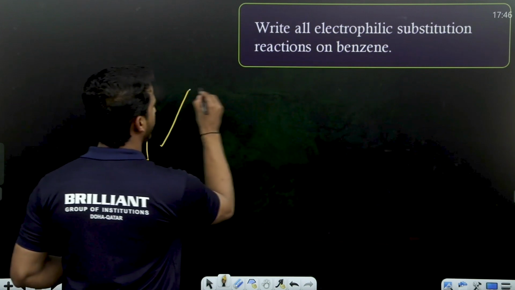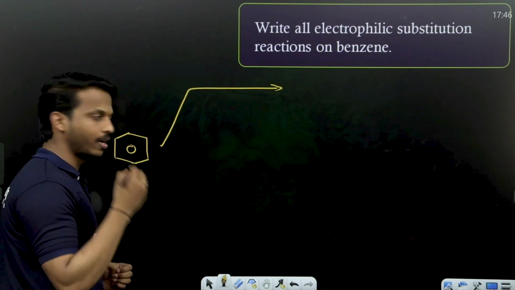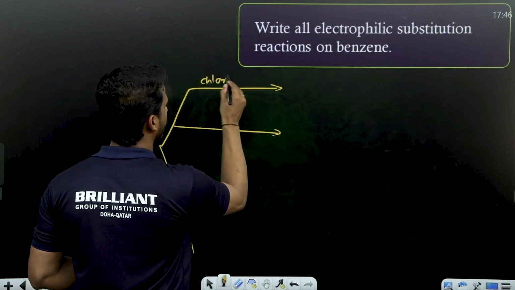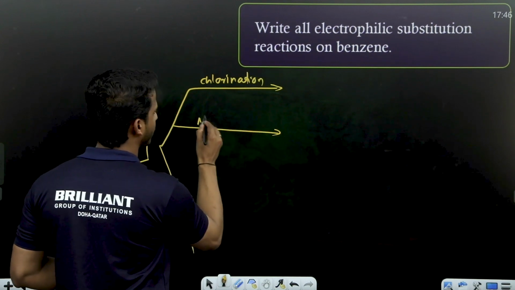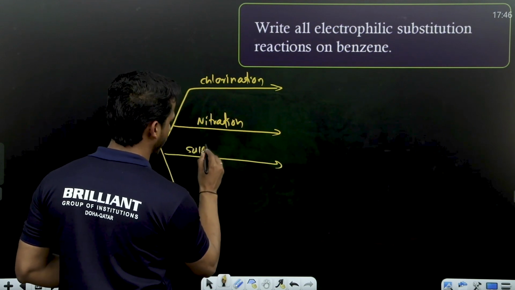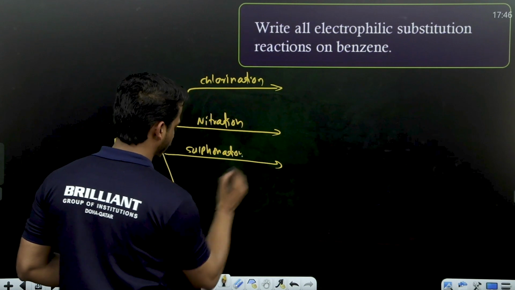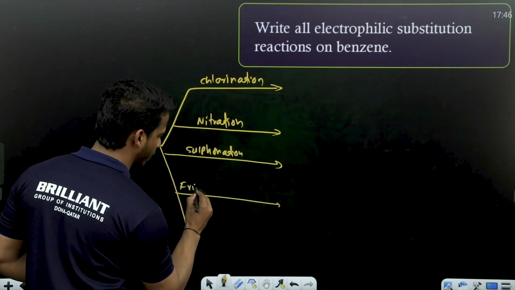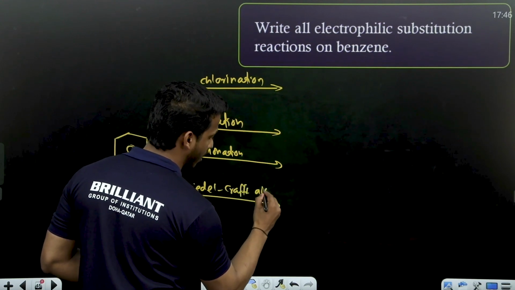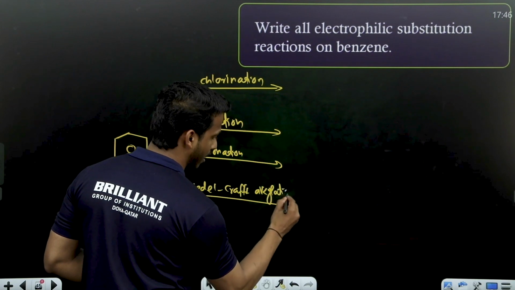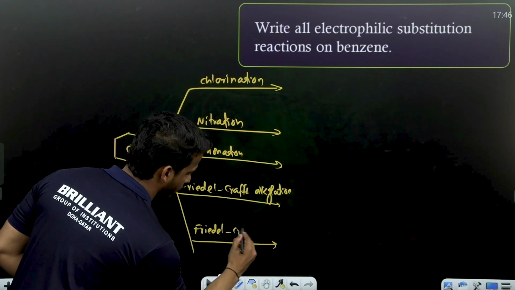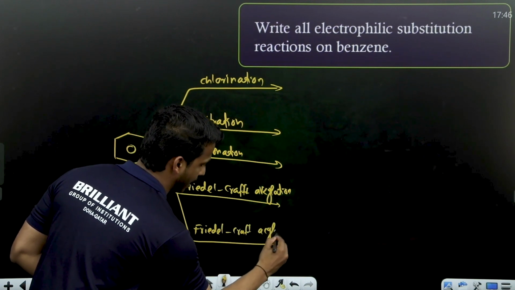Benzene, you should study basically chlorination. 5 reactions you should study. First, chlorination, second nitration, third sulfonation, fourth Friedel-Crafts alkylation, and the last one, fifth, Friedel-Crafts acylation.